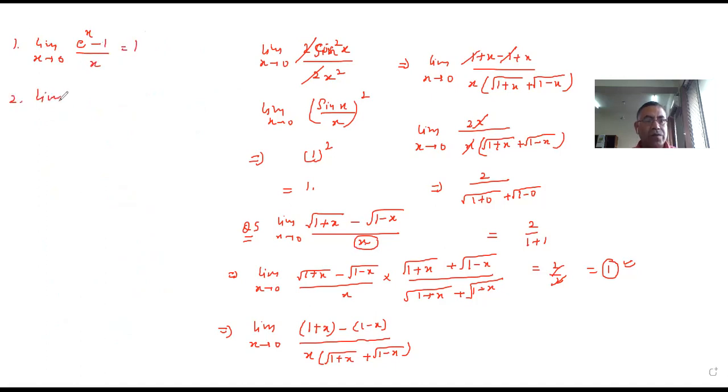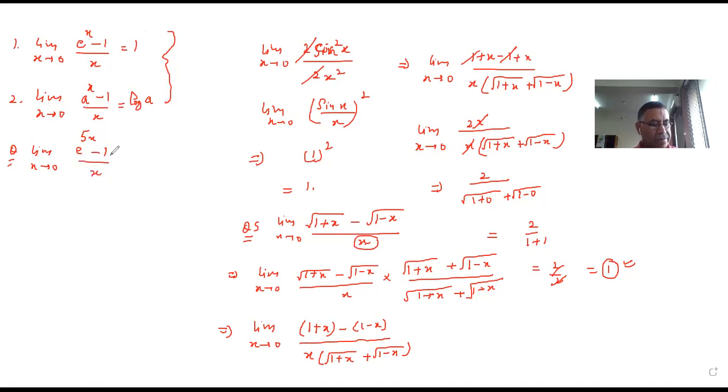Number 2, limit x tends to 0, (a raised to x minus 1) upon x, this is equal to log a. So for example, how can the question come here: limit x tends to 0, (e raised to power 5x minus 1) upon x.